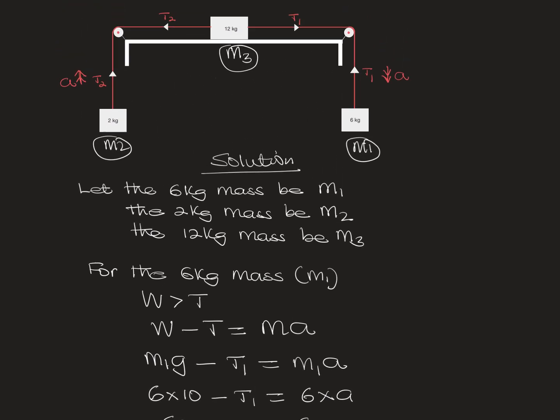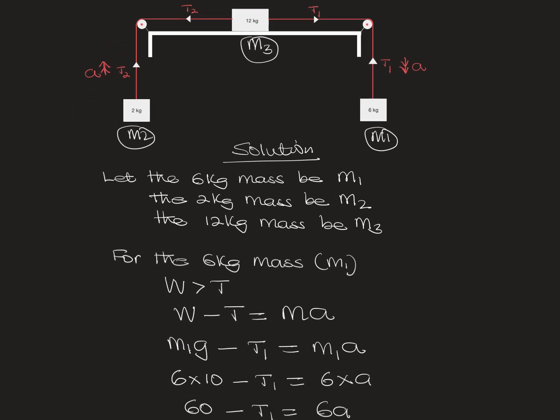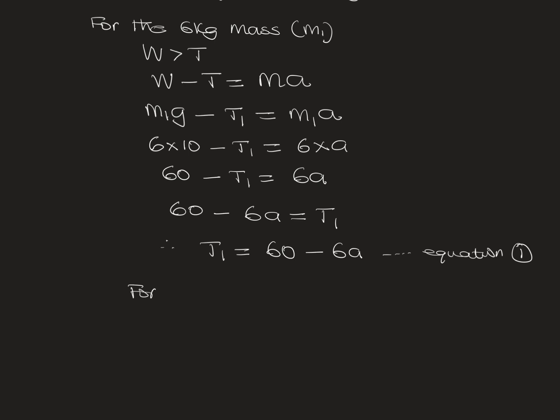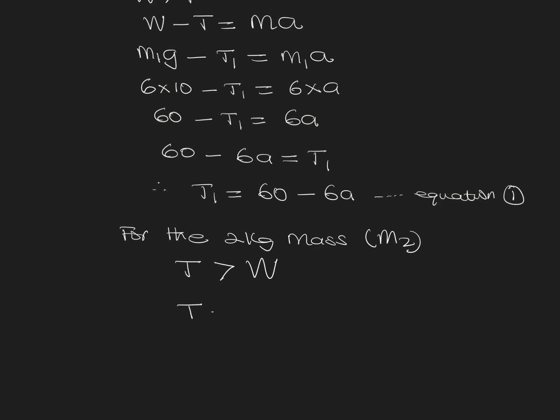Okay. Then let's consider the 2 kilogram mass, which is M2. We said that it is going to accelerate upwards, which means tension will be greater than the weight. So the net force will be tension minus weight is equal to mass times acceleration.